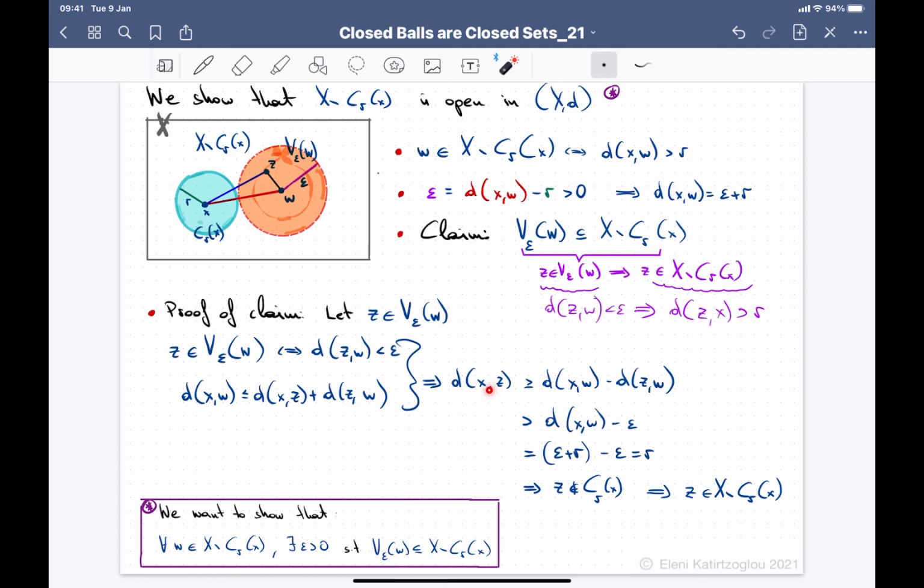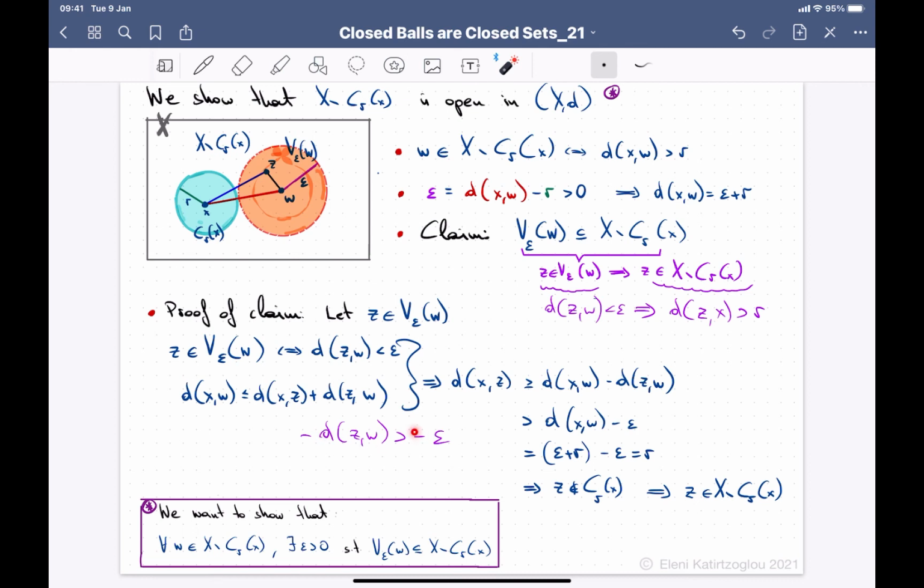By doing that, we get that the distance between X and Z is greater or equal to the distance between X and W minus the distance between Z and W. Now I know that the distance between Z and W is less than epsilon. If I put a minus in front of this inequality, we have that minus the distance between Z and W is greater than minus epsilon.